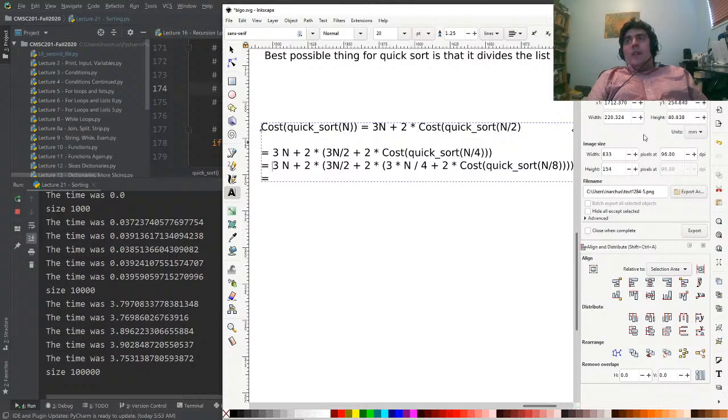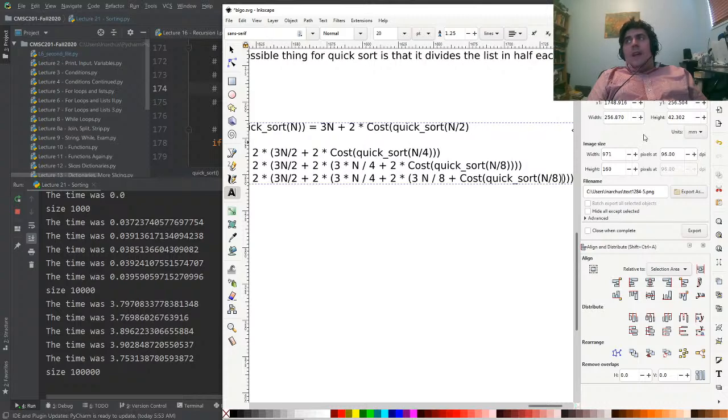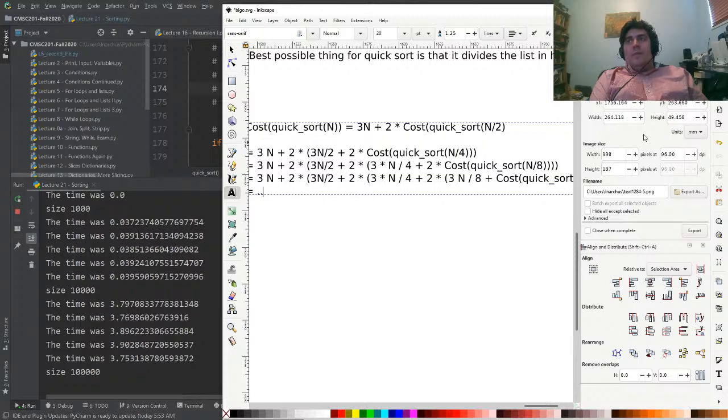And then you're going to do it again. So it's going to be 3n over 8, plus the cost of the quicksort on n over 16, etc. And this will just keep going forever.